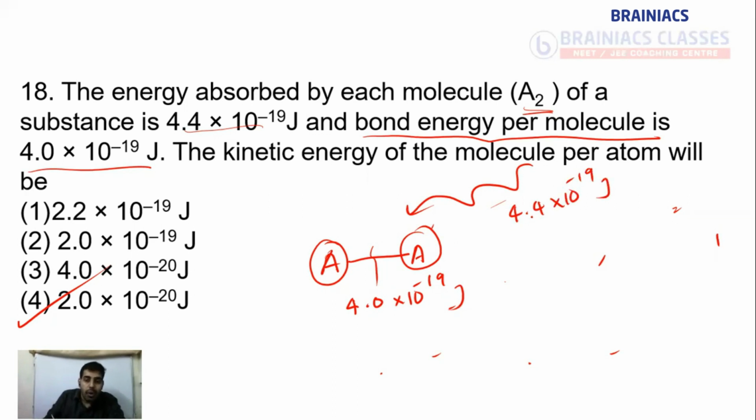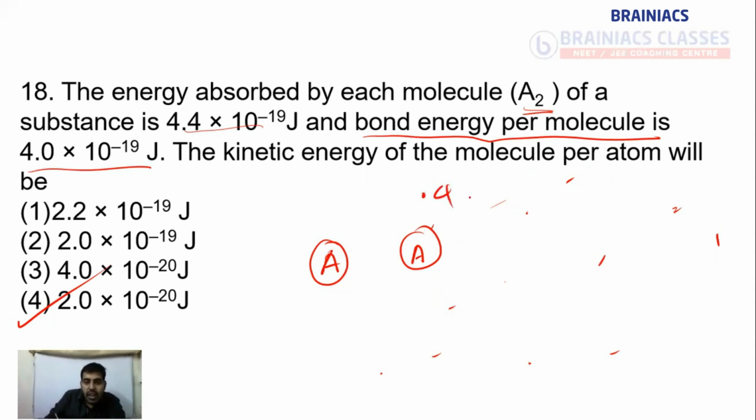After absorbing, this much energy is used to break this bond. The remaining amount of energy is 0.4 into 10 raised to minus 19. This energy will be absorbed equally by these two atoms, and they will move.